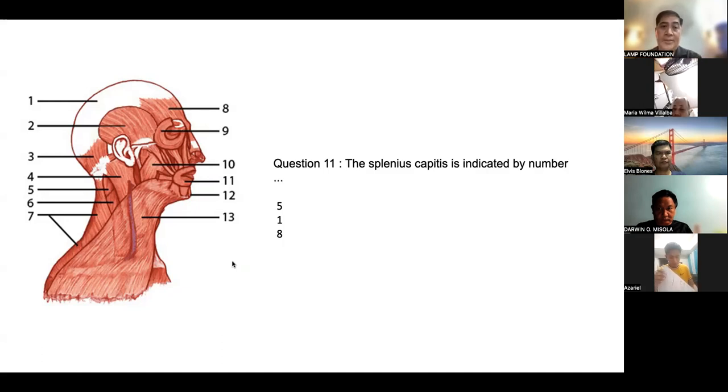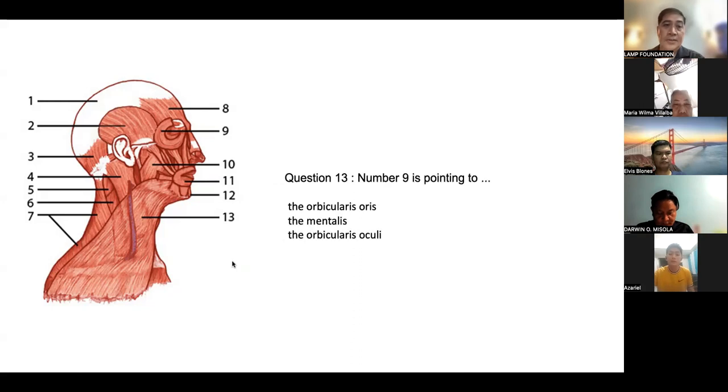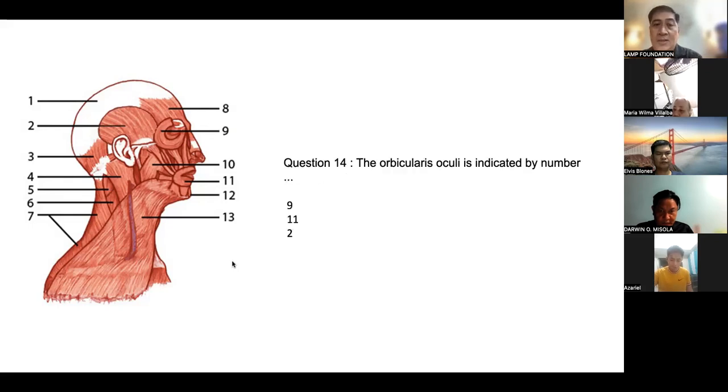Okay, Doc. Number 3 is pointing to? Wait lang, Doc. Occipital. Number 9 is pointing to? Oculi, Doc. Orbicularis oculi. Kompleto. The orbicularis oculi is indicated by number what?